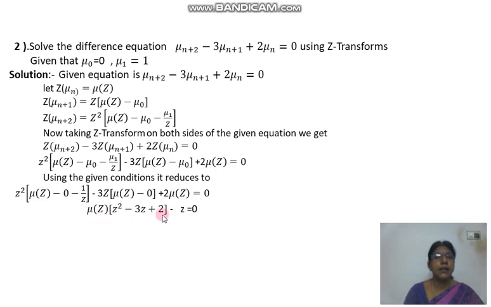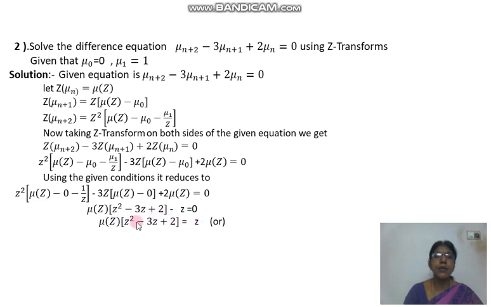Then the remaining term z square into minus 1/z means minus z is equal to 0. Then bring this z to the RHS, you get U(z) into z square minus 3z plus 2 is equal to z.